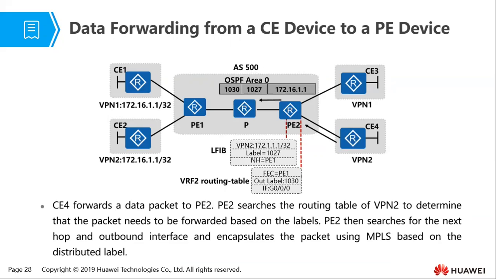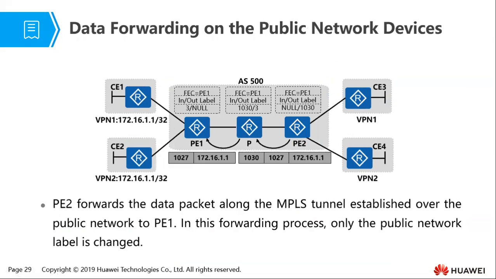So we can now look at the data forwarding process, which happens in 3 steps. The first step is data forwarding from a CE device to the PE device. The second step, which is what I told you, I'm going to tell you how the outer and the inner label work.